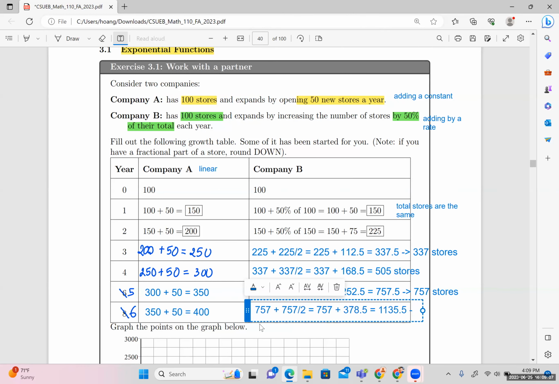And I will make it become 1135 star. Yep.